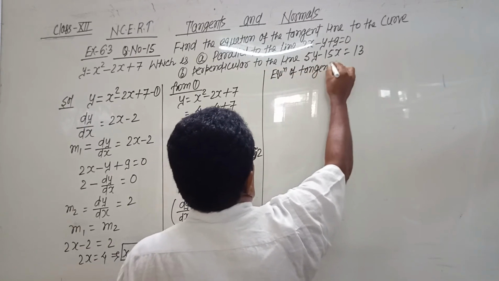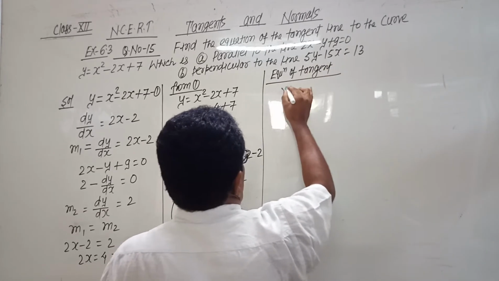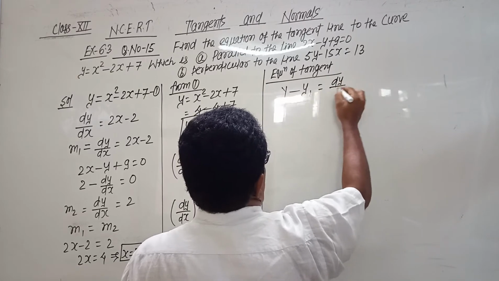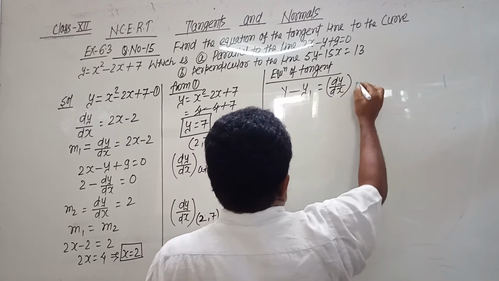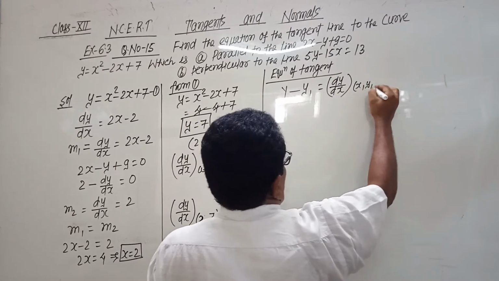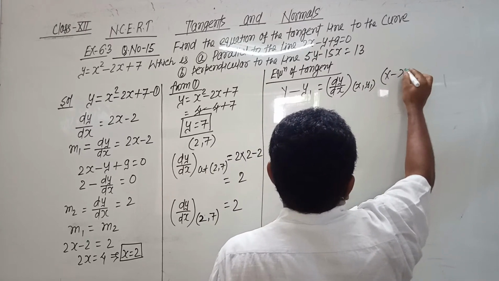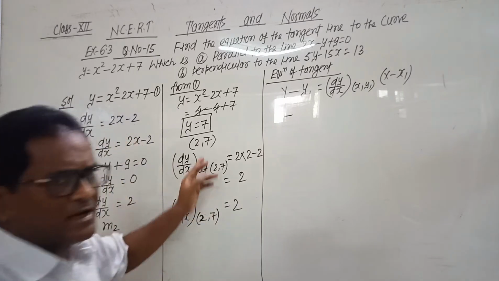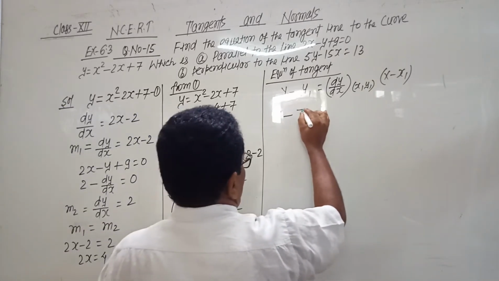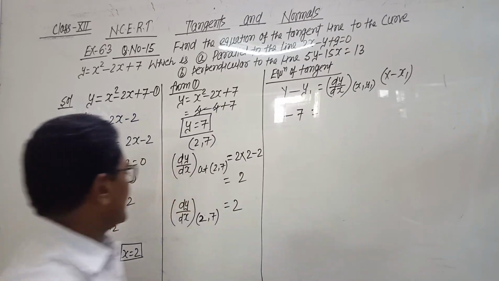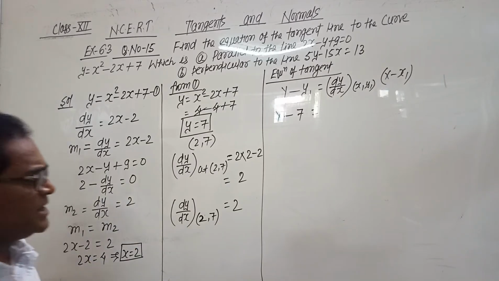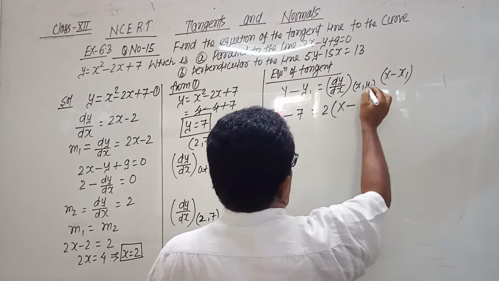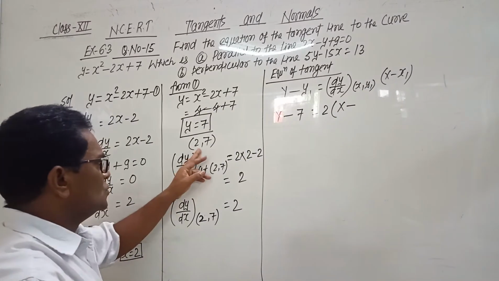The formula for the equation of the tangent is y minus y1 equals dy by dx at (x1, y1) times x minus x1. So y as it is, the value of y1 is 7, and dy by dx at (x1, y1) we have already calculated as 2. X minus the value of x1, which is 2.